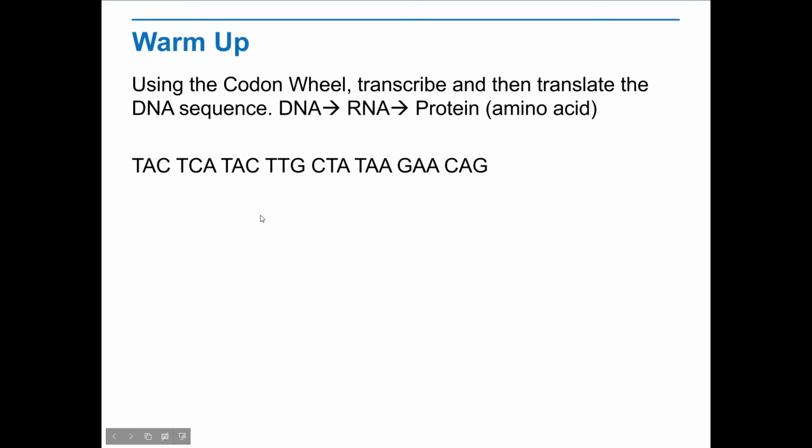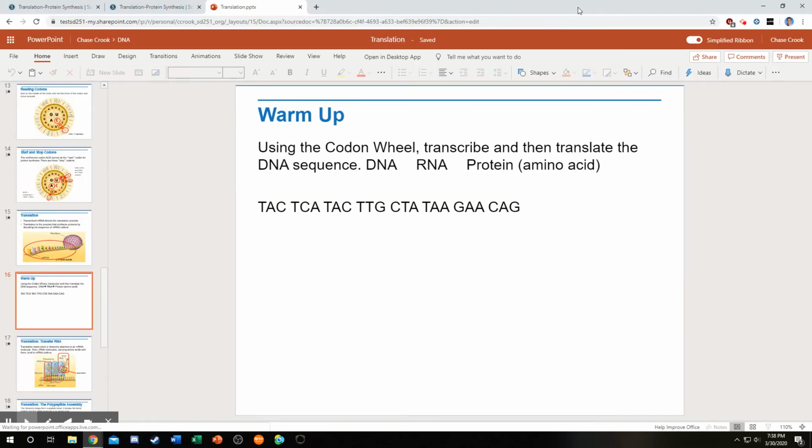All right, I'm going to do this so that I can draw on it. First, remember this is DNA, so we need to make our mRNA first.